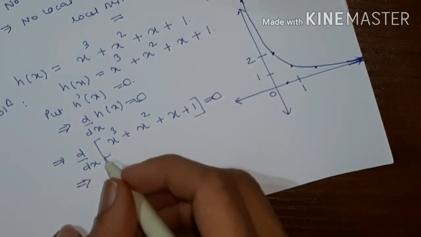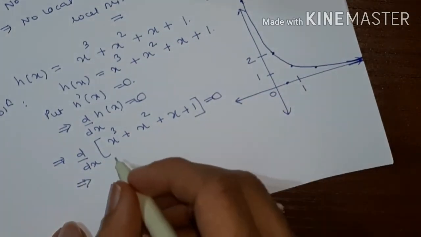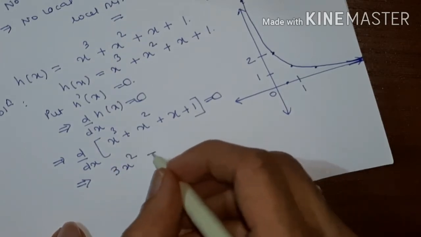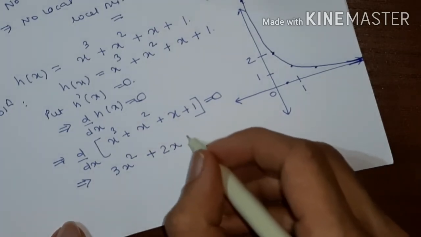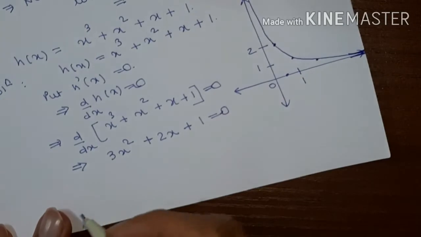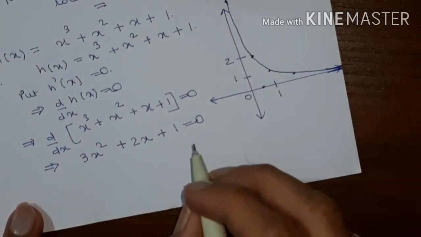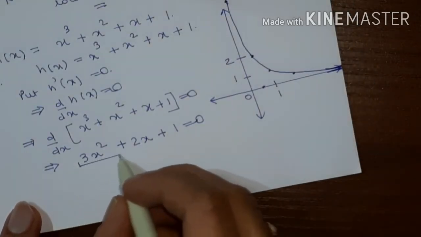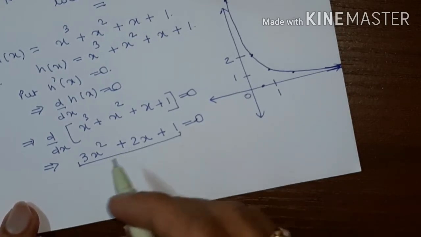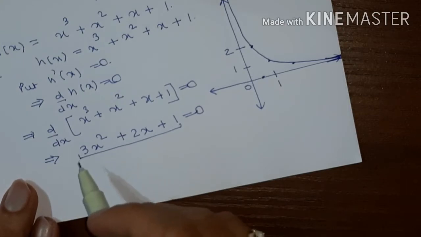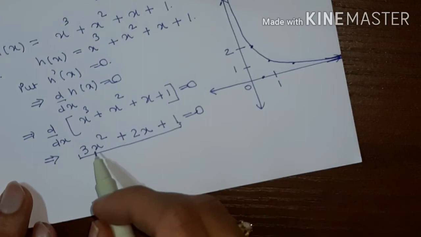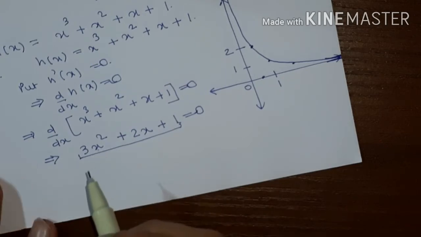Now the derivative of x cube is 3x square, the derivative of x square is 2x, and the derivative of x is 1, which is equal to 0. Now we have to factorize this, that is find the factors for this quadratic expression. You have to find the roots, that is the solution for x.